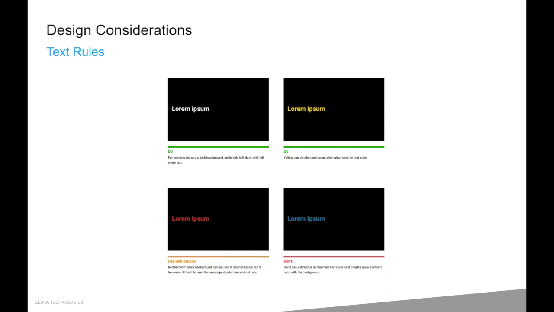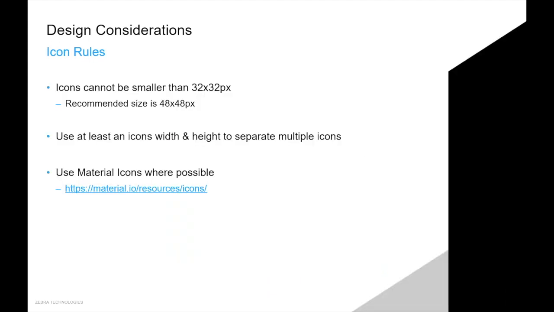It's sometimes hard to read red on black. And then finally, blue text on a black background is something that you want to avoid. I can't imagine this would be the first thing that a developer jumps to use, but I think it's worth putting in there nonetheless.